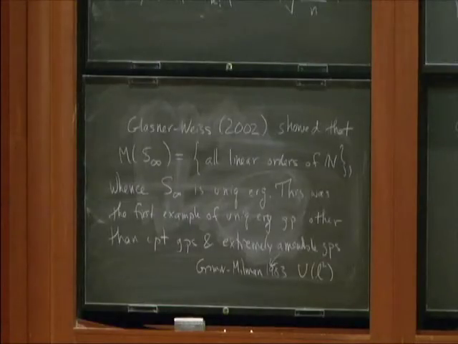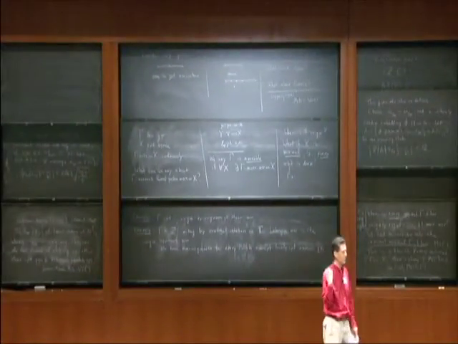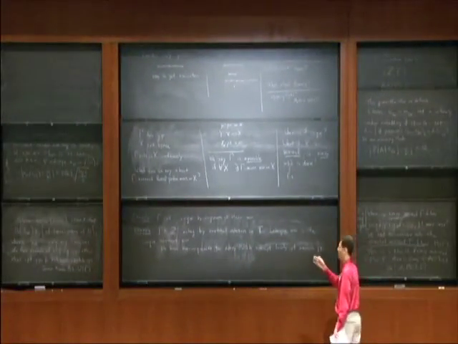So unlike the unitary group in finite dimensions, the unitary group in infinite dimensions is actually extremely amenable. Extremely amenable groups are definitely uniquely ergodic. Every minimal action is just an action on one point. So other than those trivial examples of compact and extremely amenable, this was the first example of uniquely ergodic.